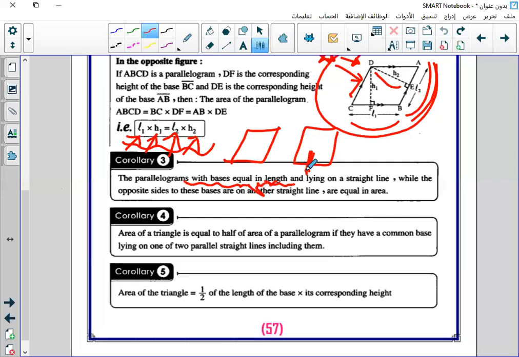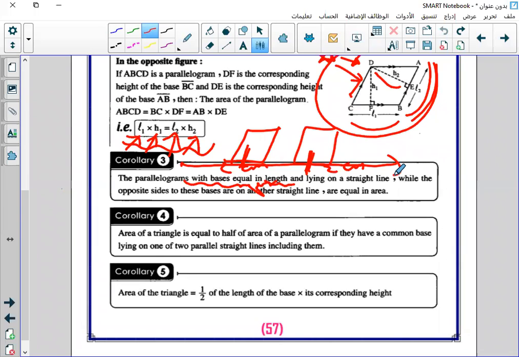This is the base of the first parallelogram and this is the base of the second parallelogram, equal in length, 2 centimeters for example, and also 2 centimeters, and lying on a straight line, while the opposite sides to these bases are on another straight line.